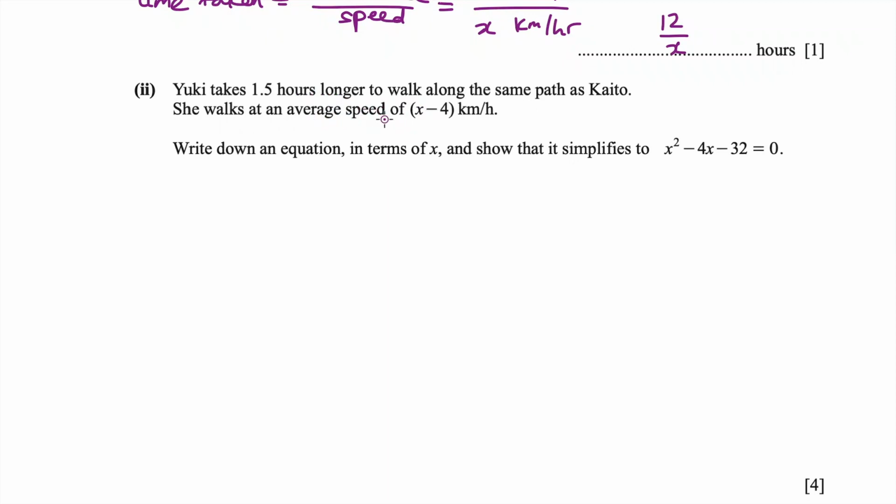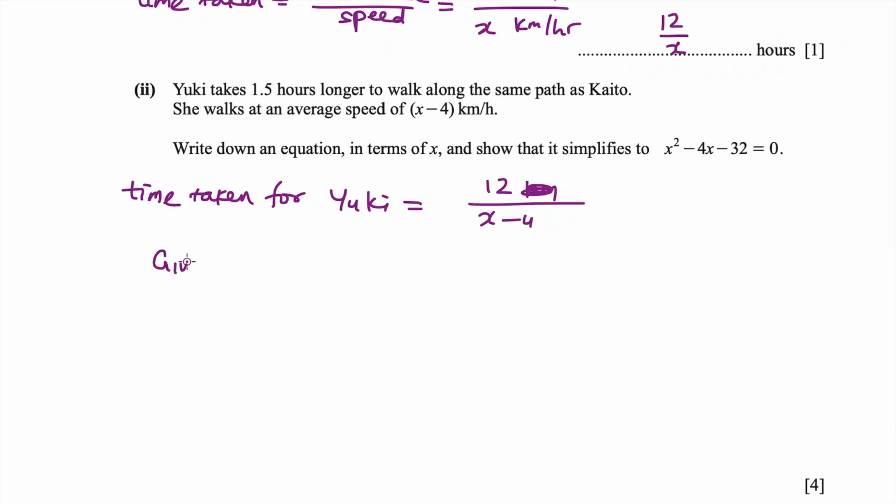She walks at an average speed of x minus 4. So, what can we say? Time taken for Yuki would be equal to the distance divided by the speed, x minus 4. And so this is 12 by x minus 4.